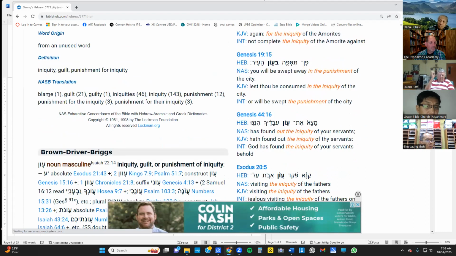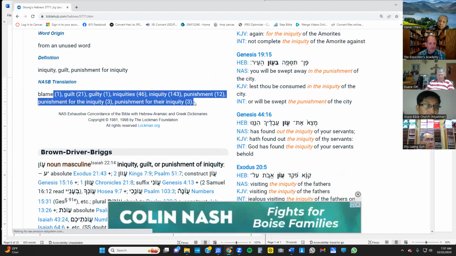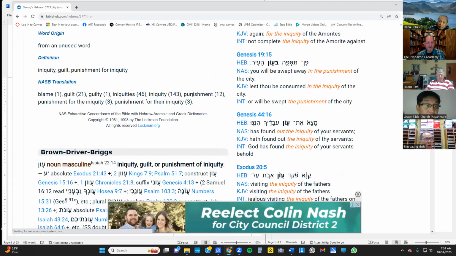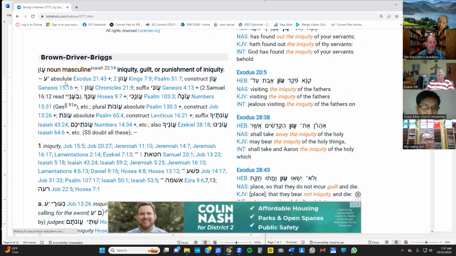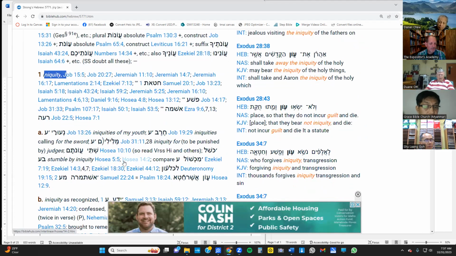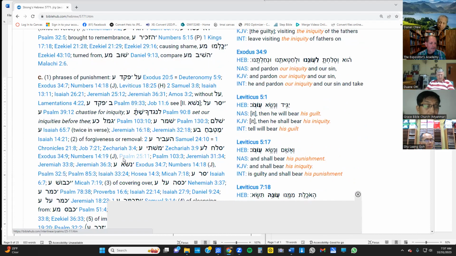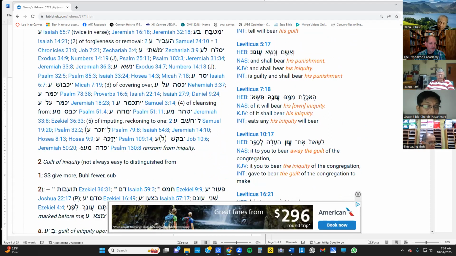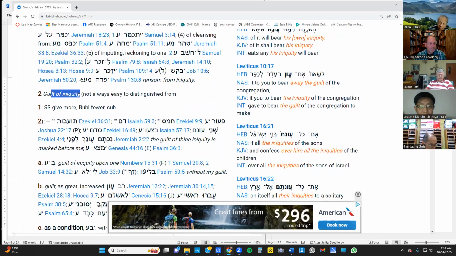Then we see the different ways it's translated in the New American Standard, and it translates it as iniquity or as punishment. So we have both of those ideas. And then we have the Brown Driver Briggs lexicon, which gives one definition is iniquity, and here's several verses and examples. And then phrases of punishment, and it gives a bunch of examples. Or the guilt of iniquity. So it can refer to the sin or the guilt that the sin brings.